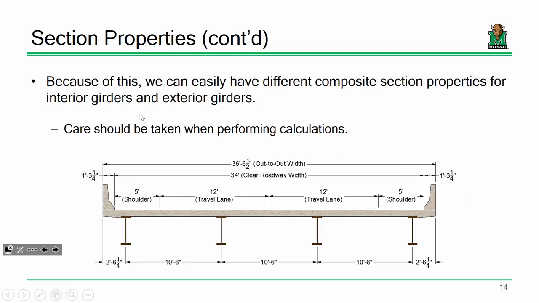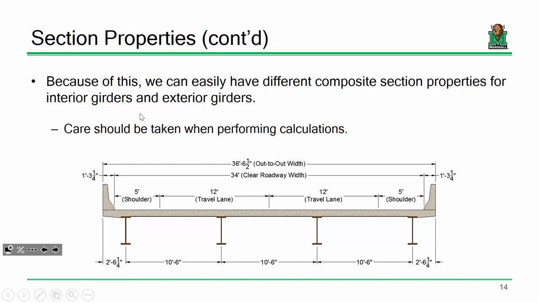One thing, though, is that it can create a little bit of a complication when you're analyzing the bridge, because if I look at the interior beams versus the exterior beams, they've got different effective flange widths. If I look at this one, it's what, 10'6"? But this one over here is that plus half that.